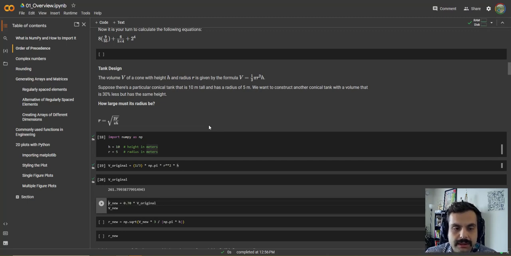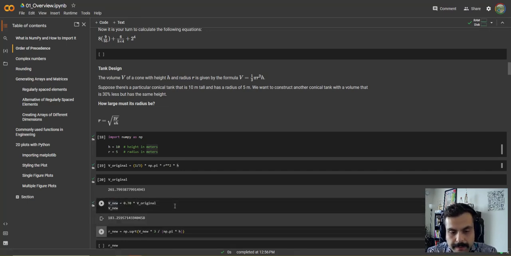Now we can start going to the second phase, which is the requirement of 70% of the original volume, same height. What is the radius? So I introduce a new variable called V new, 70% of the original volume, so that the volume of the new tank, the desired tank, or even desired V would have been a more accurate naming.